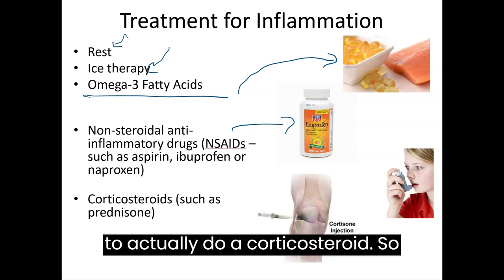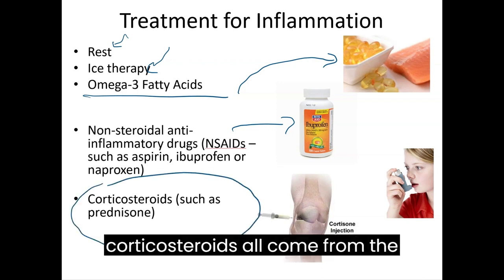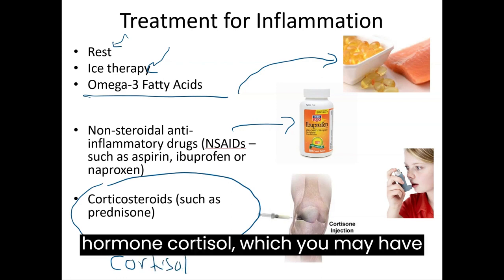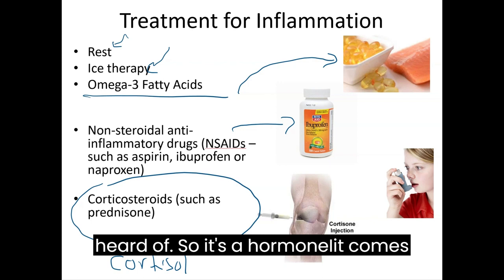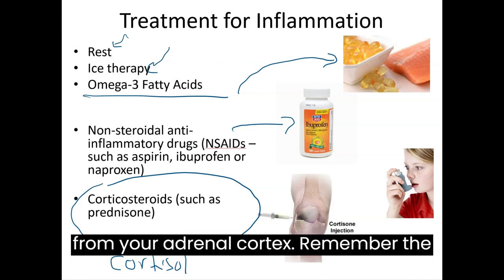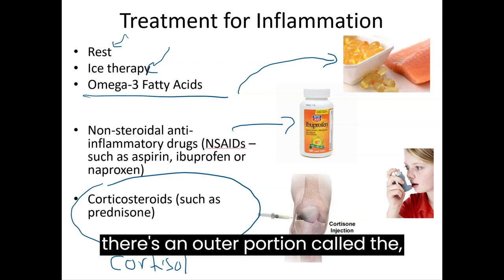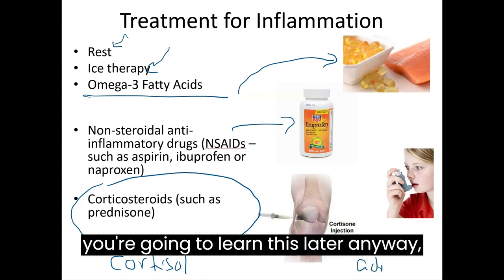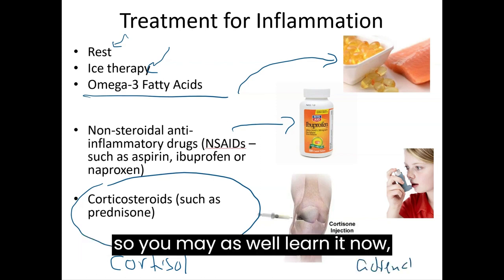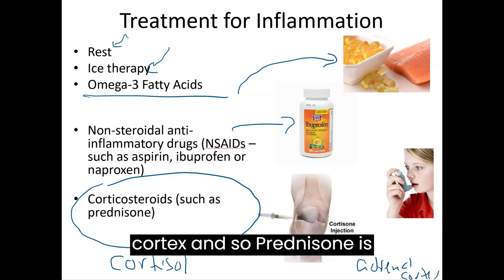Now, you might need to actually do a corticosteroid. So corticosteroids all come from the hormone cortisol, which you may have heard of. So it's a hormone. It comes from your adrenal cortex. Remember, the adrenal glands are above the kidney, and there's an outer portion called, you're going to learn this later anyway, so you may as well learn it now, cortex.